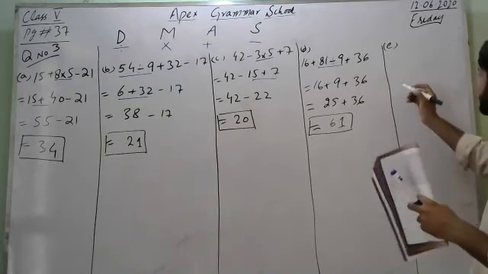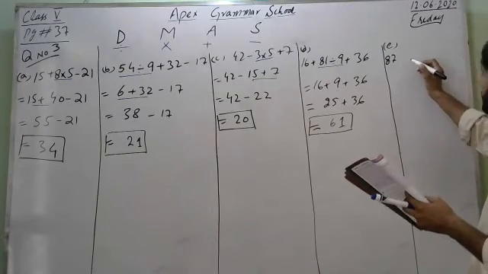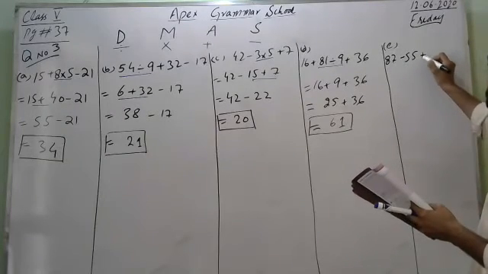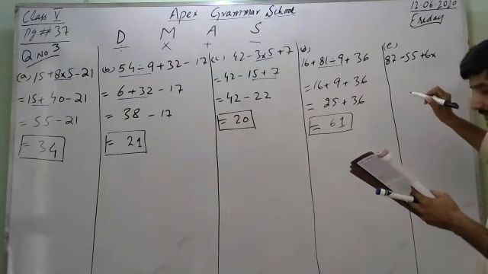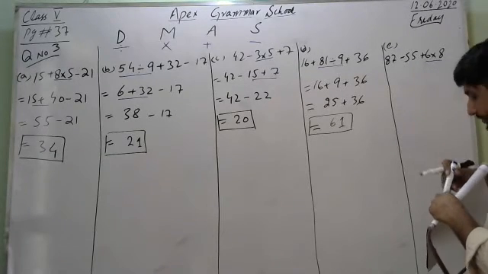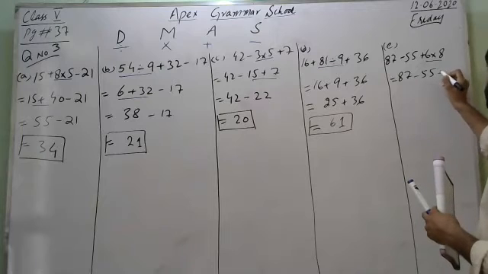E part is 87 minus 55 plus 6 multiplied by 8. 87 minus 55 plus 48.